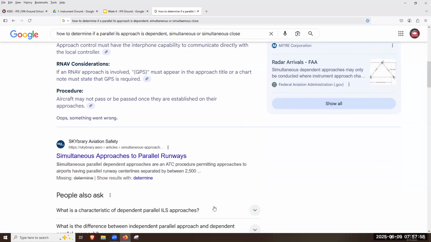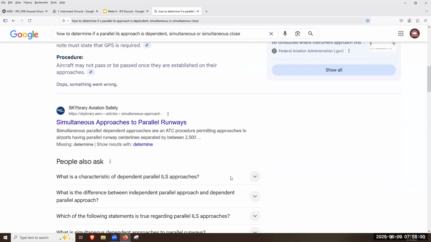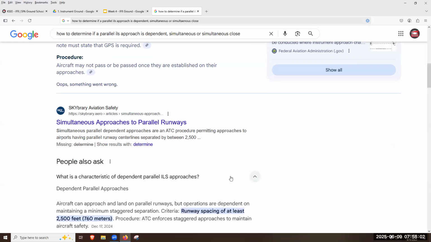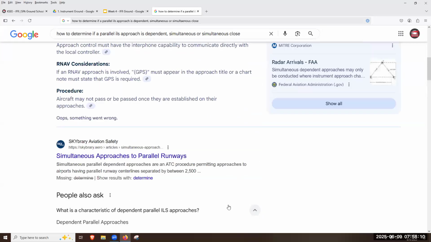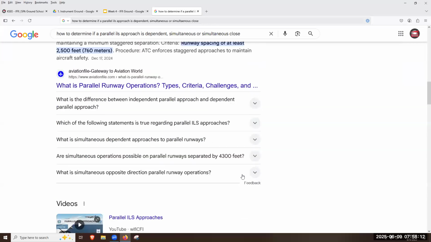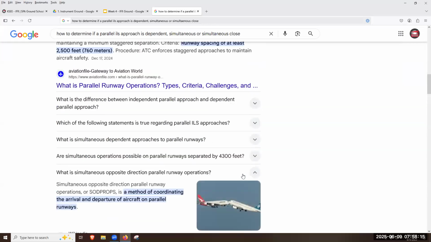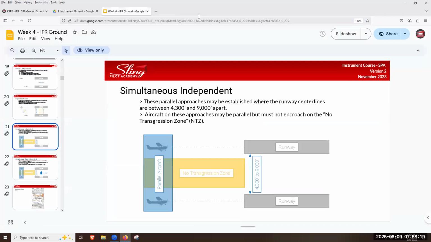I would just say maybe it's ATC permitting. ATC enforces staggered approaches to maintain aircraft safety. So it's not for us to know, it's for ATC to know. You're not worthy of such information. The feds don't want us to know.